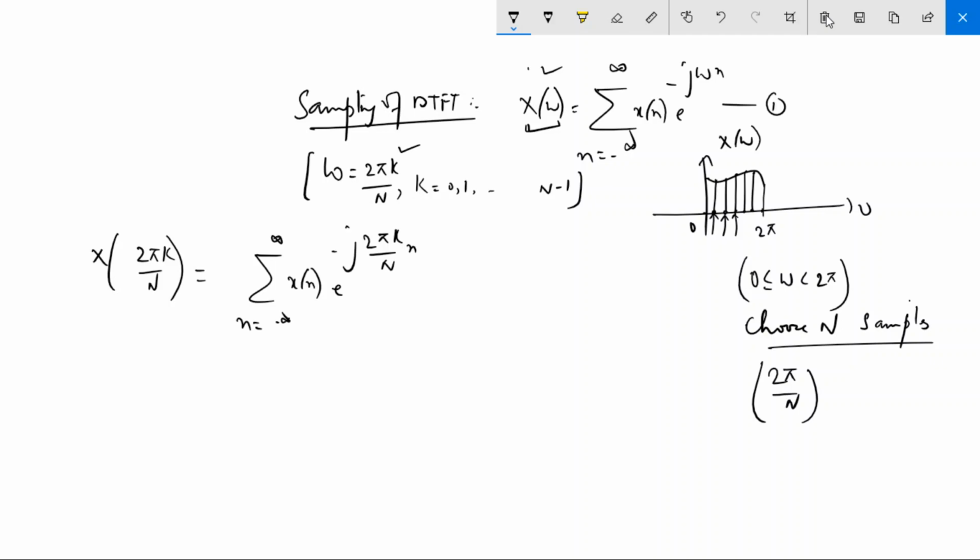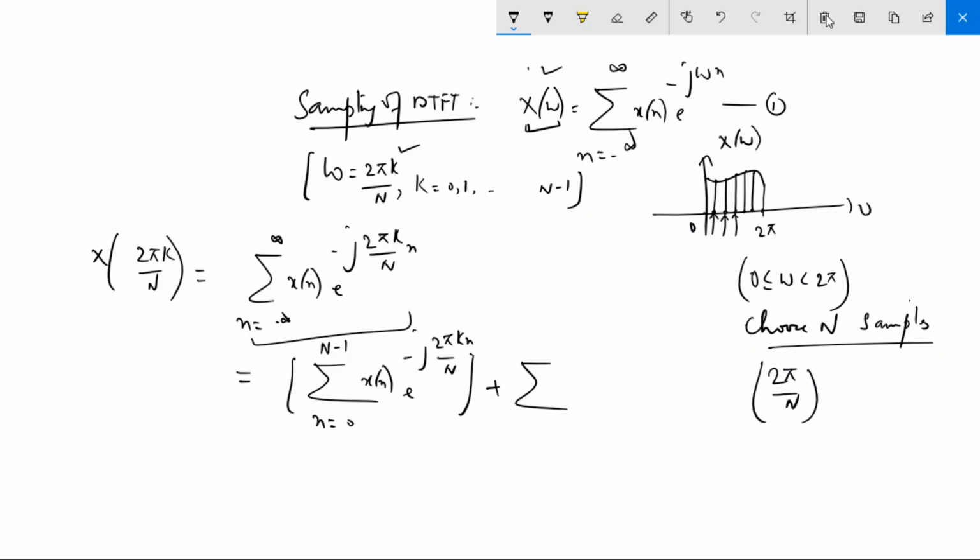Okay, and then we do some modifications here. What we do, we write this series as a sum of other infinite summations each having N terms. I write it out like this. I take the first N samples, 0 to N minus 1, x(n) e raised to the power minus j 2 pi k n by N. This is one series.